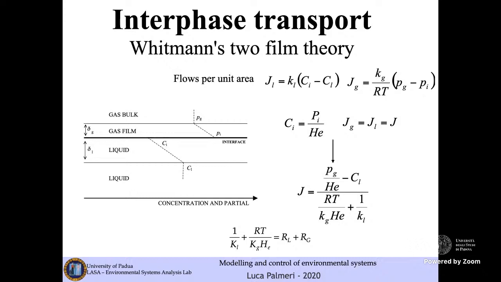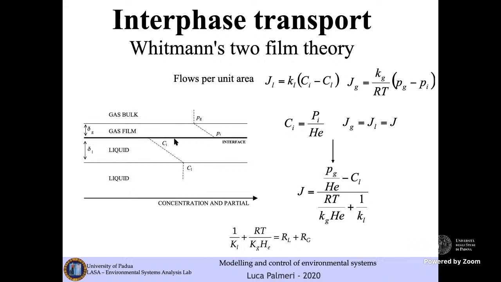In particular, a first explicit model of transfer between the hydrosphere and the atmosphere is Whitman's two-film theory, in which we subdivide the space in terms of liquid phase and gaseous phase, the liquid bulk and the gaseous bulk, and then at the interface, with a black line, we may consider two small films, the gaseous film and the liquid film.